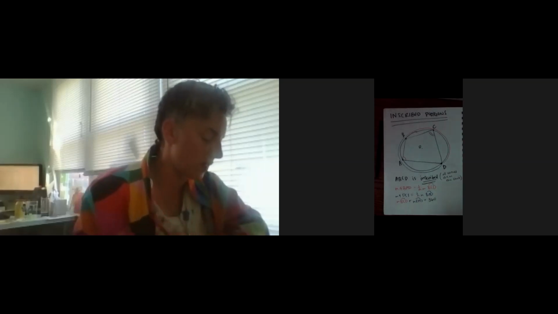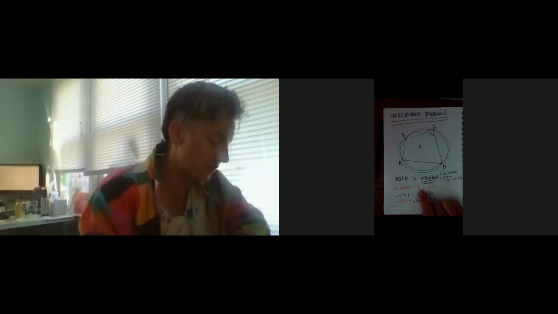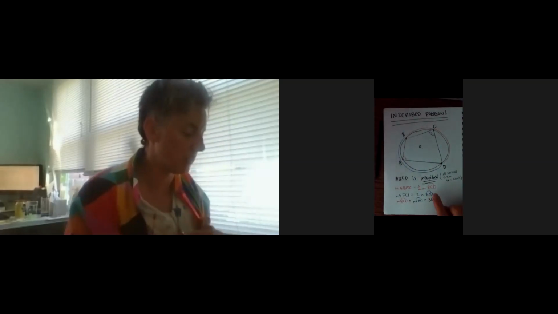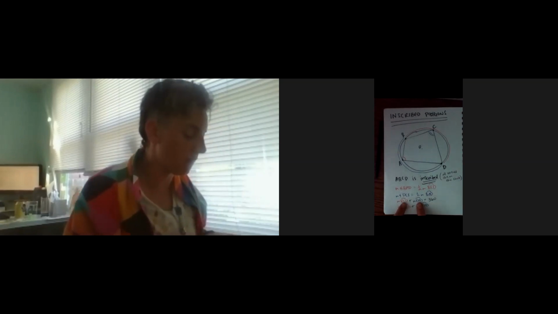So we would know that half of the arcs together, we added 1/2 arc BCD plus 1/2 arc BAD. Let's just write out what I'm saying. Since the two of them fully together equal 360, half of them together is going to be half of 360, which is how much? 180.